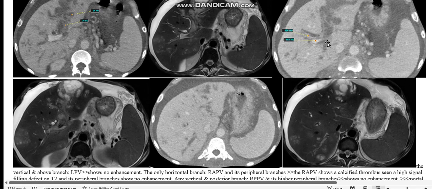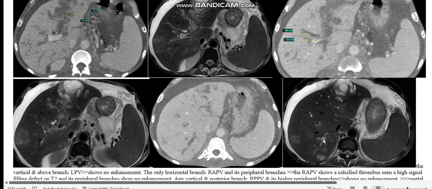So this is the vertical branch. The vertical downward branch is the right posterior portal vein.